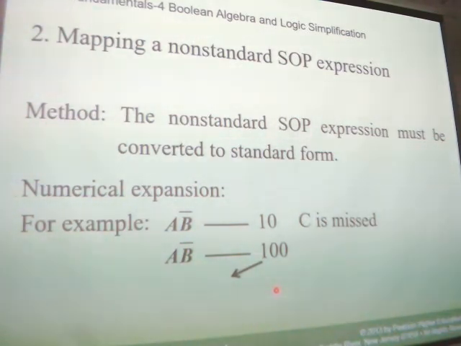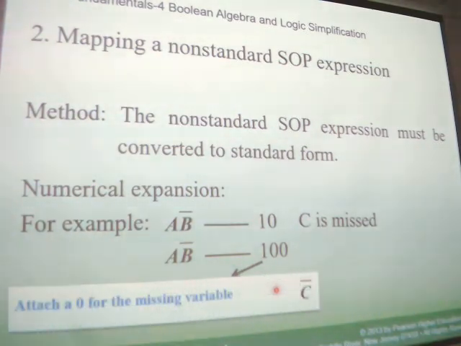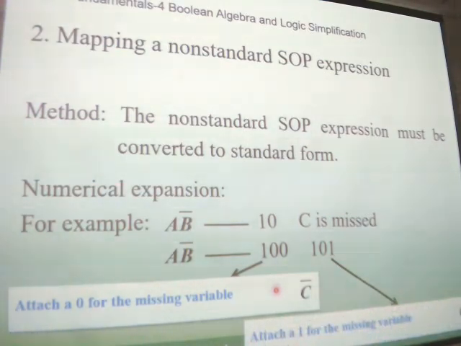So there are two standard product terms, A B bar C and A B bar C bar, with binary values 101 and 100. We must attach 0 and 1 to the missing variable.